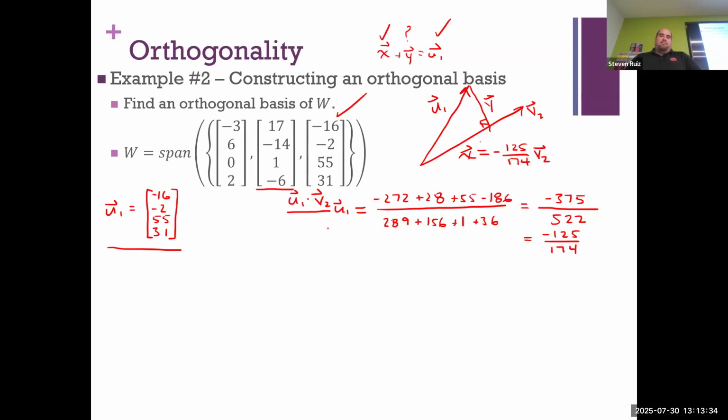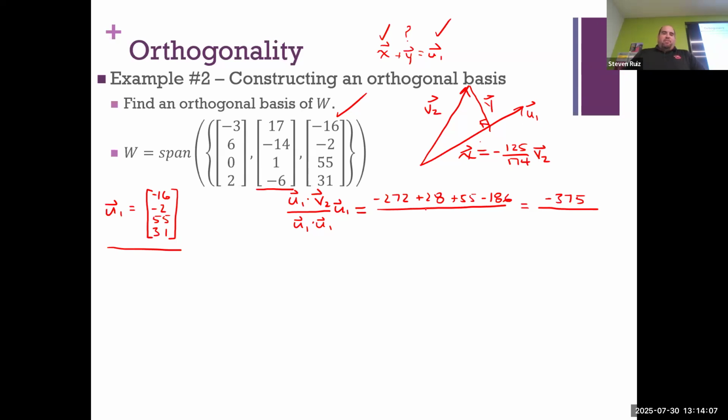So let's take a dot product that we actually care about. Right, because now if I find y, it will be perpendicular to u1, which is what I want.